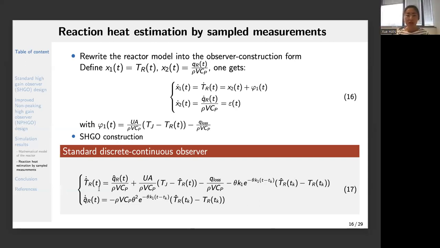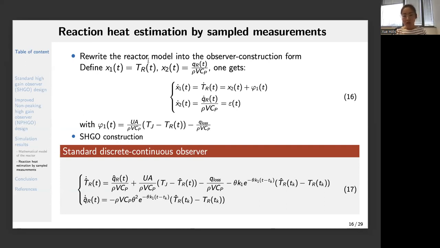Yes, a good question. In my opinion, for a chemical reaction, what we can get easily is the temperature of the reaction. We can also get the concentration, but the concentration is not as easy as the temperature.